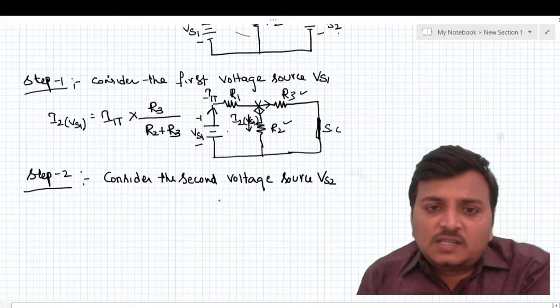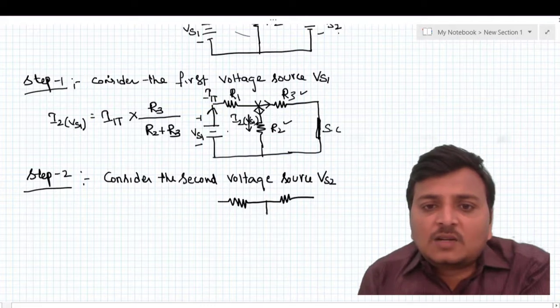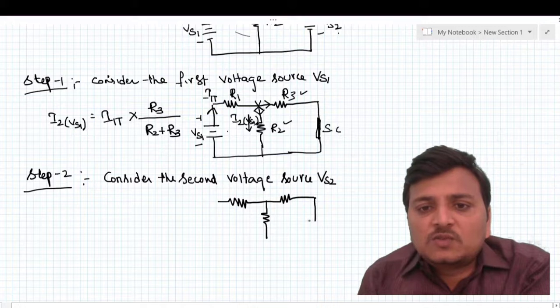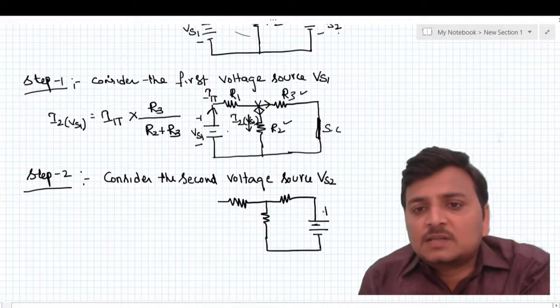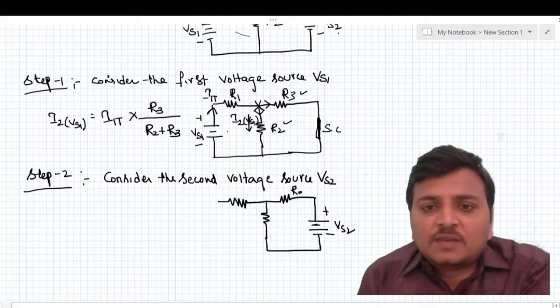I am redrawing the circuit, considering only the voltage source VS2, with plus and minus of VS2, and this is the resistor R3, and R1 and R2.